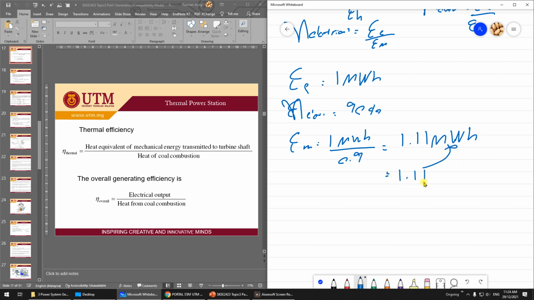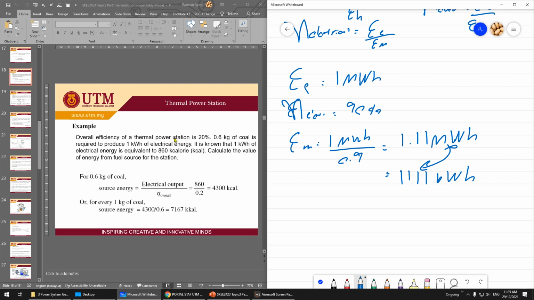But usually we don't use megawatt hour, we use kilowatt hour. So 1111 kilowatt hour. Make sure you know how to convert this, and then you need to know how to calculate the kilogram. If they give it, make sure you know 1 kilowatt hour equals 860 kcal, and of course you need to know how to calculate everything.